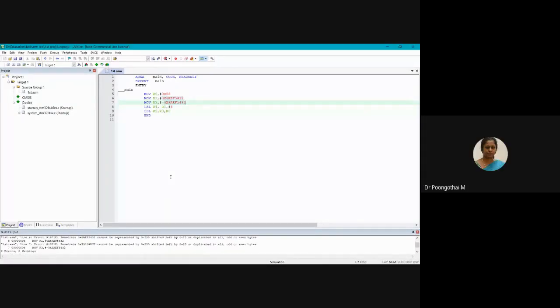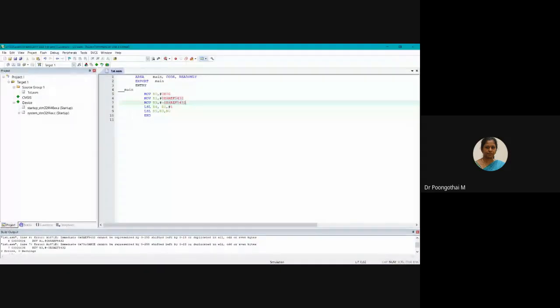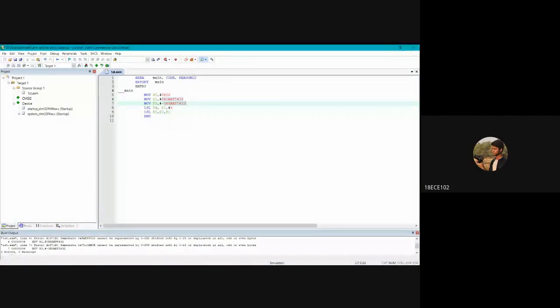Okay, you have to use a 16-bit register. Here you have initialized a 32-bit value into the R1 register. Instead, you can use higher order registers or use 16-bit data. For 16-bit, it's working, ma'am.